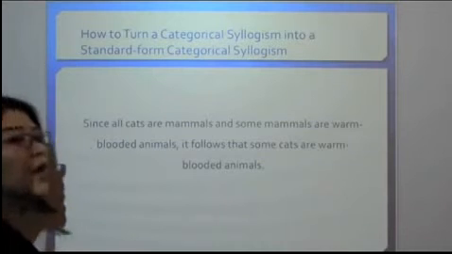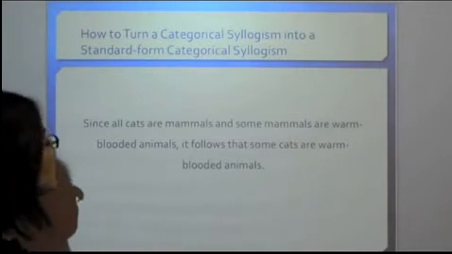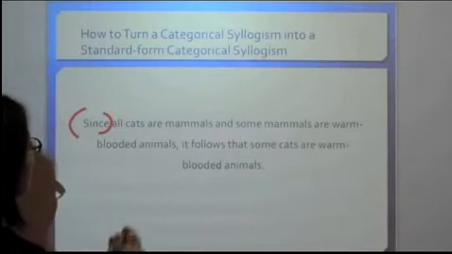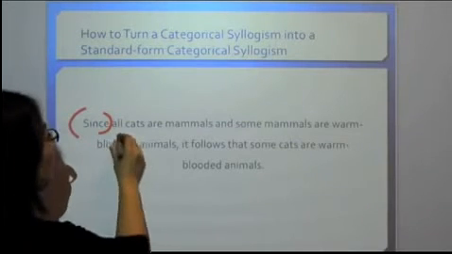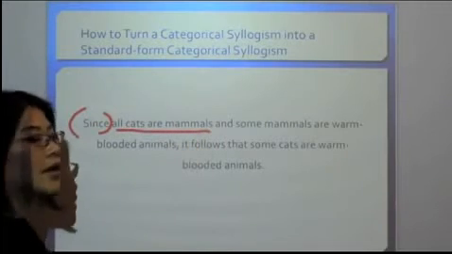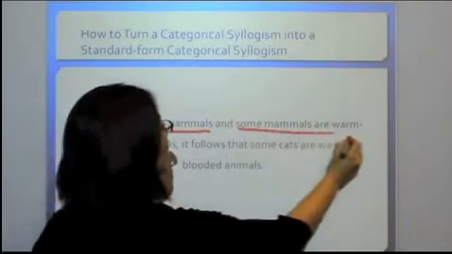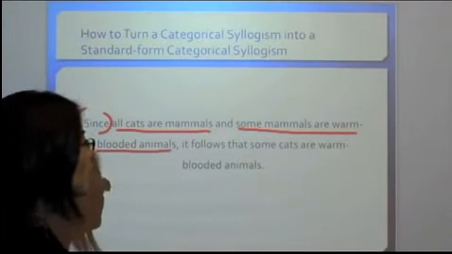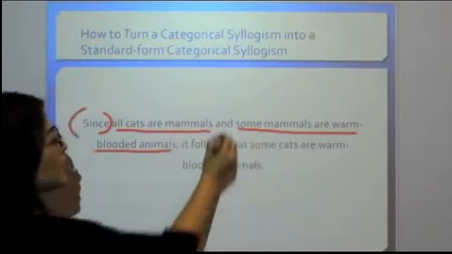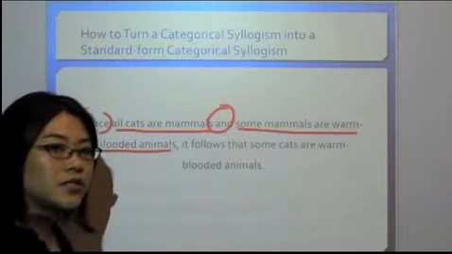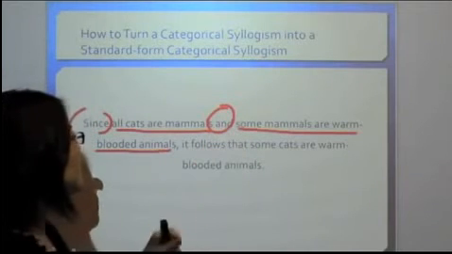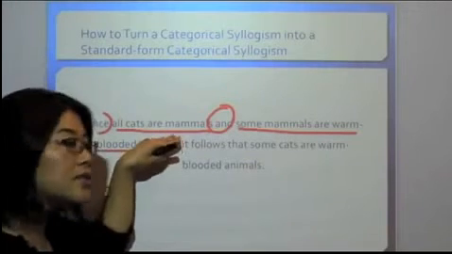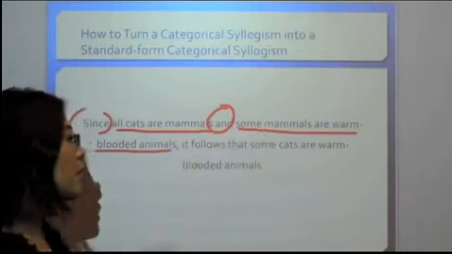In this case, we do have indicators. Since is a premise indicator, and it tells us that the statement all cats are mammals, as well as the statement some mammals are warm-blooded animals, are both premises. It tells us that both are premises because there's an and being used here, so the since points not only to the first statement as a premise, but also to the second statement.